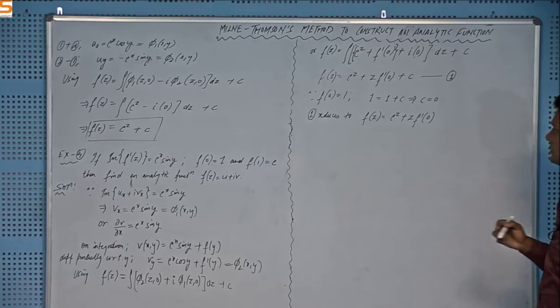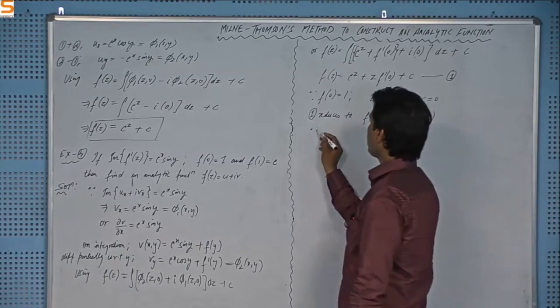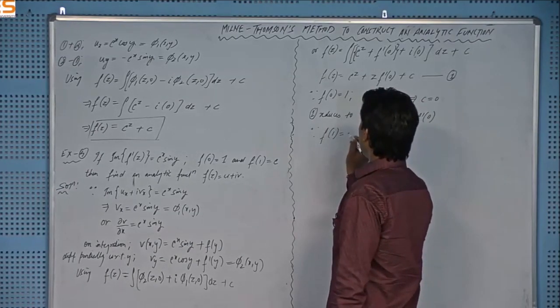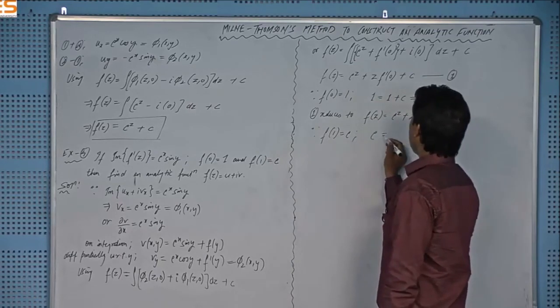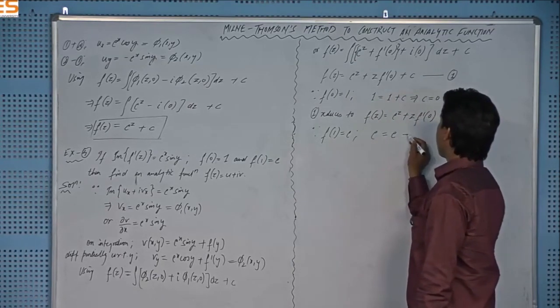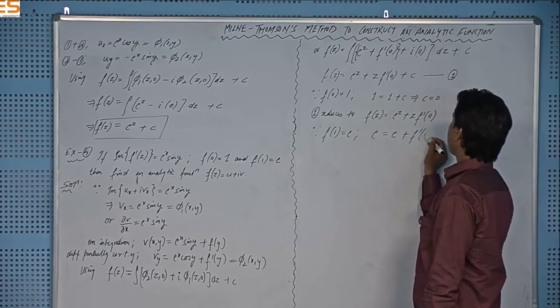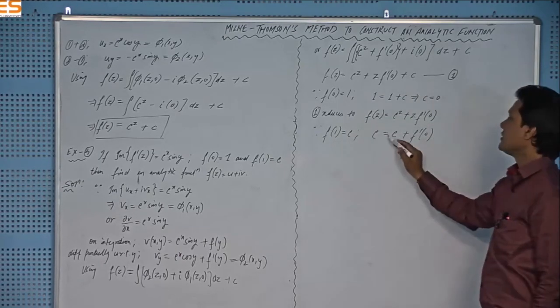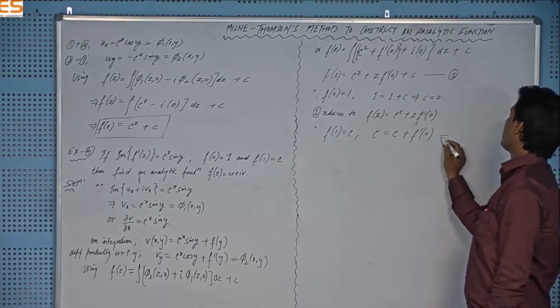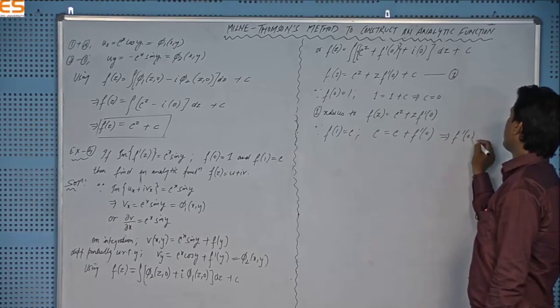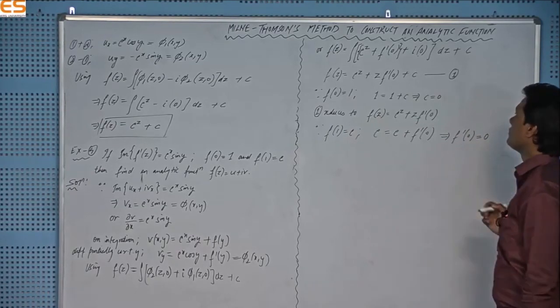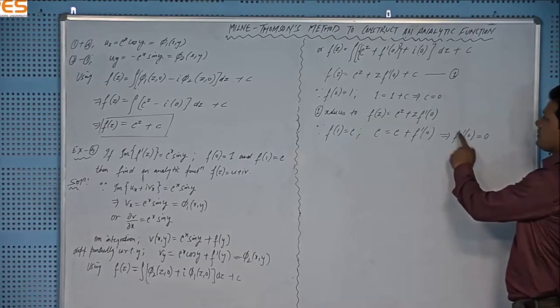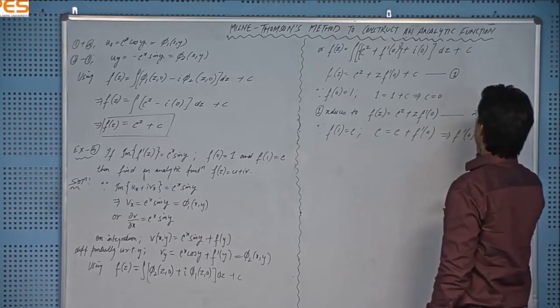Now I will use my second condition. Since f(1) equals e, that will produce e equal to e plus f dash 0, and e will be cancelled, so f dash 0 will be 0. I will plug this f dash 0 in my last solution, that was my equation number 2.